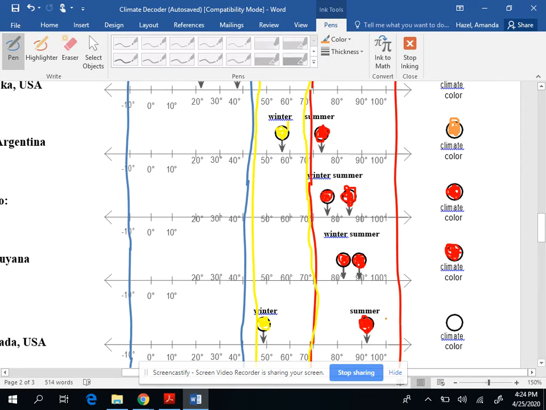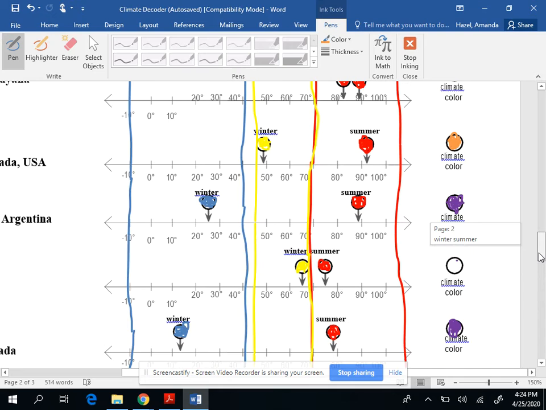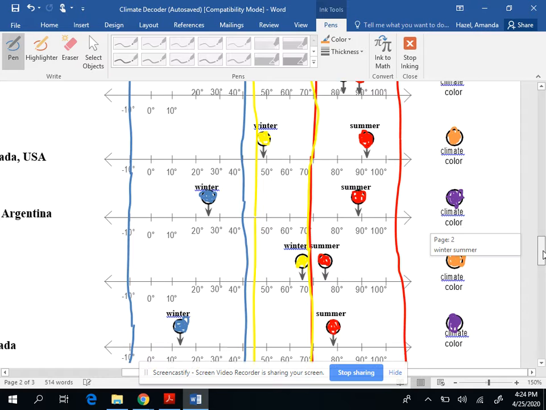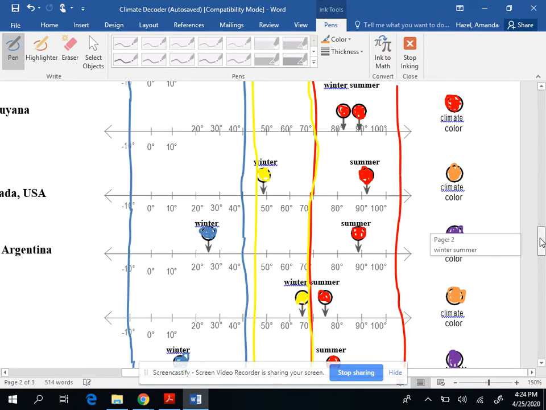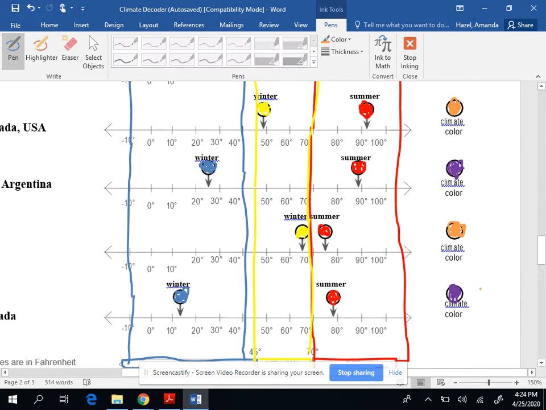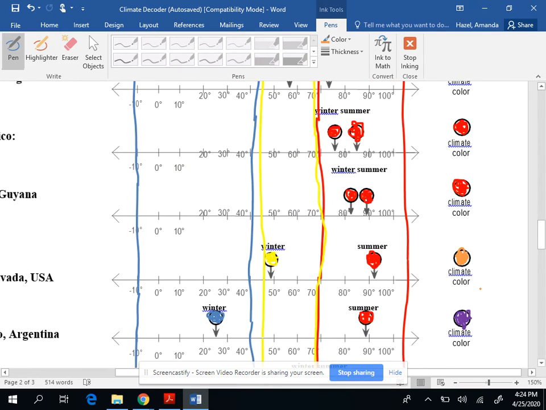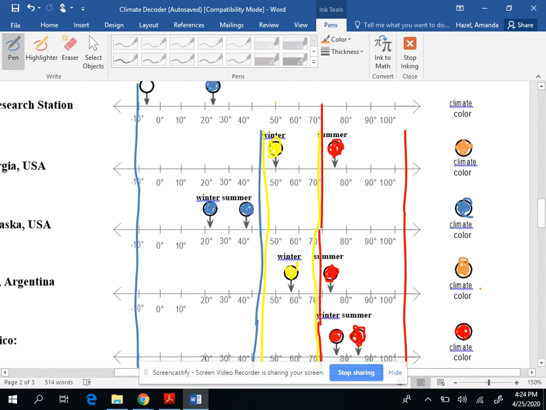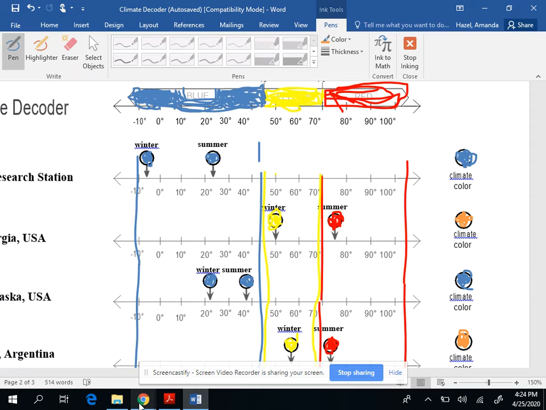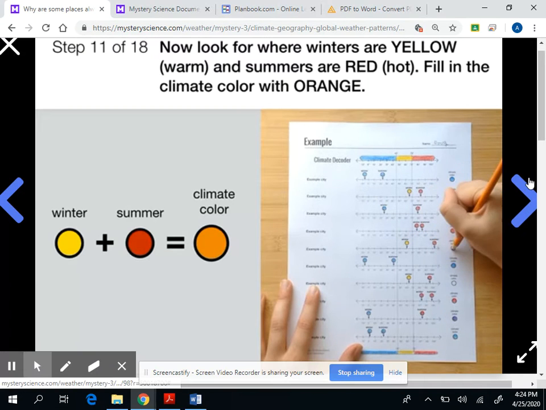Yellow is warm, red is hot. Another one. And let's see. Yeah, looks like we're good. All of our climate colors are filled in. We can move to the next step.